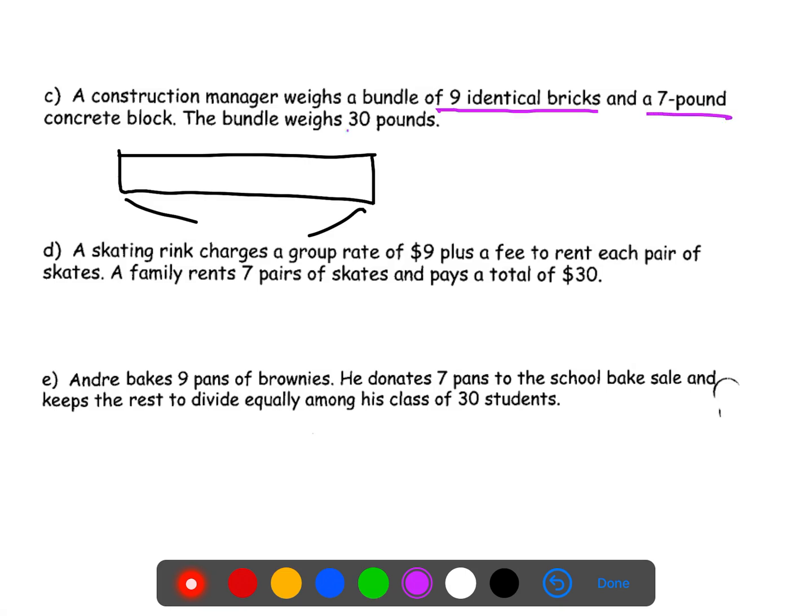The bundle weighs 30 pounds. So our total combined weight, again, is 30. We have 9 identical bricks, but that's what we don't know the weight of, so that's going to have to contain our variable there. We do know the weight of the concrete block, which is 7 pounds. So we have another 7-pound section here, 9 identical bricks. Just like that.